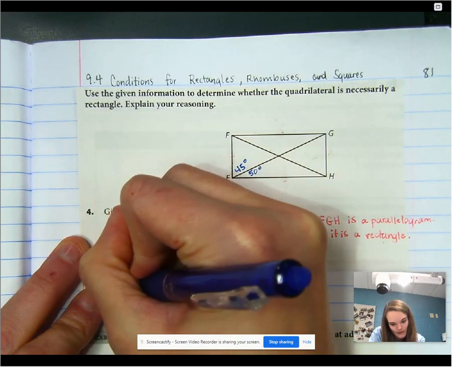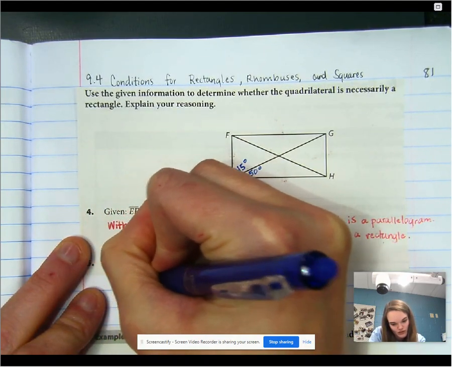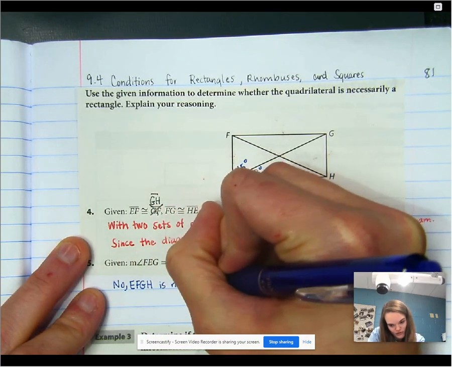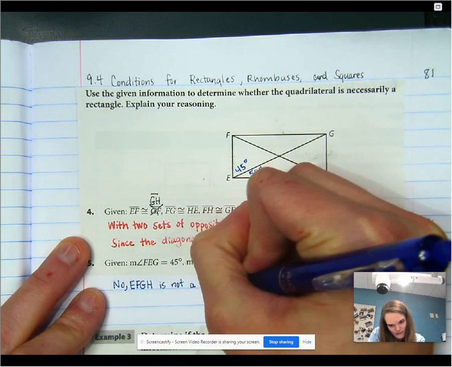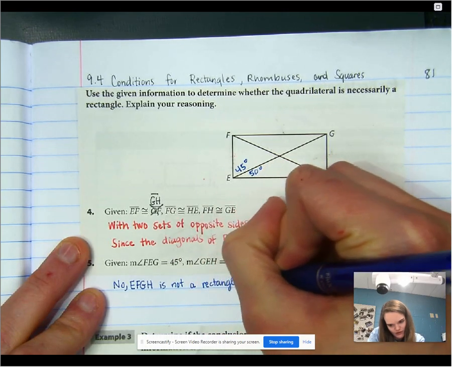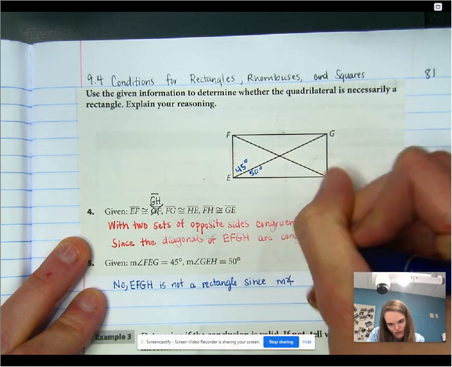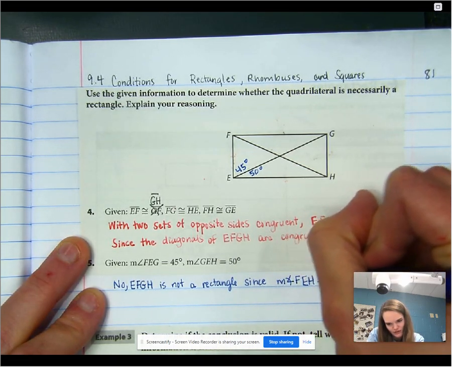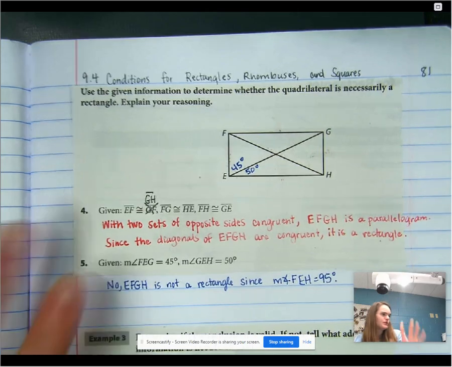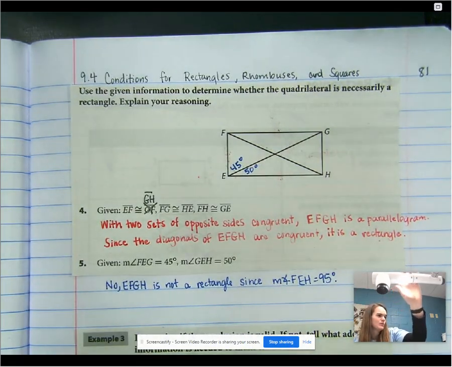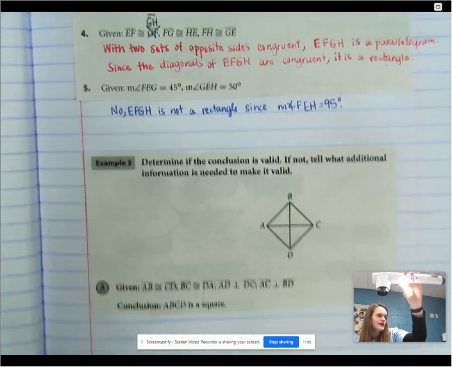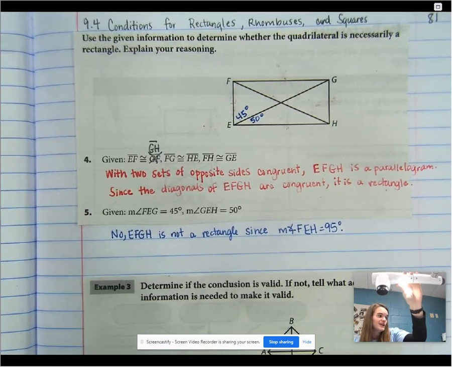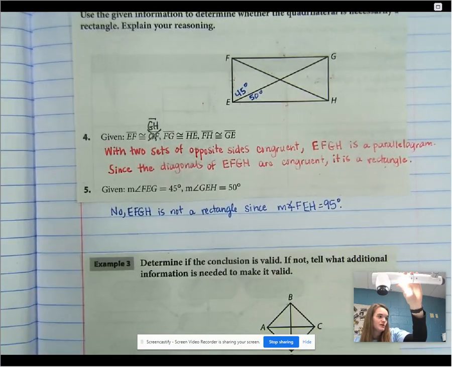No. EFGH is not a rectangle, since the measure of angle FEH is 95 degrees. So that one is no. That can't happen no matter what. You can't have a 95 degree angle. If it was 90, that's all well and good, but we can't even prove it's a parallelogram, not with that information. There's not enough.